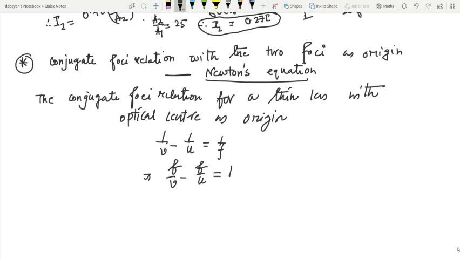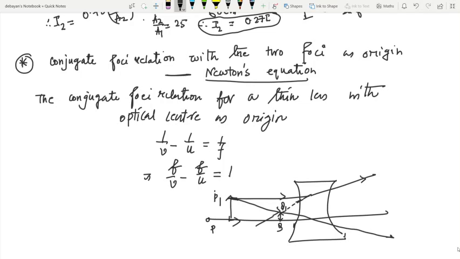So we are calculating the conjugate focus relations with the two foci as origin. If we assume that the media on both sides of the lenses are the same, then we can write f prime equals minus f, then f by v and f by u is equal to 1, and this is nothing but uv, f minus v f prime, f f prime.